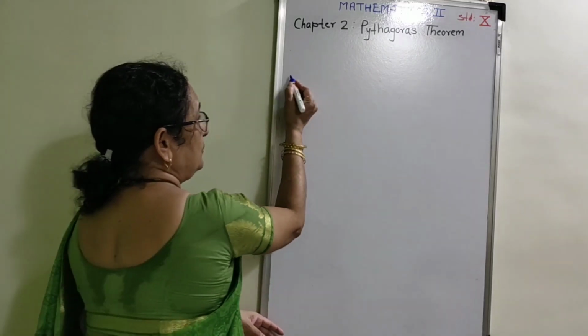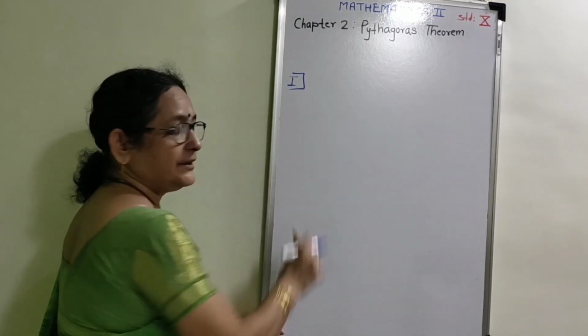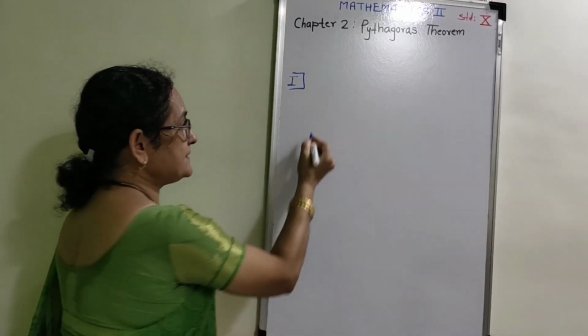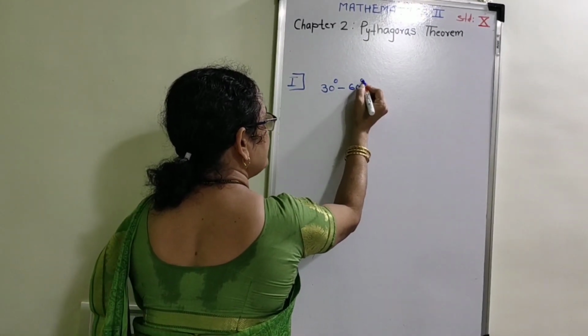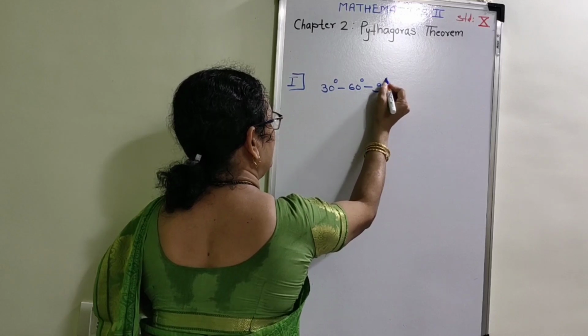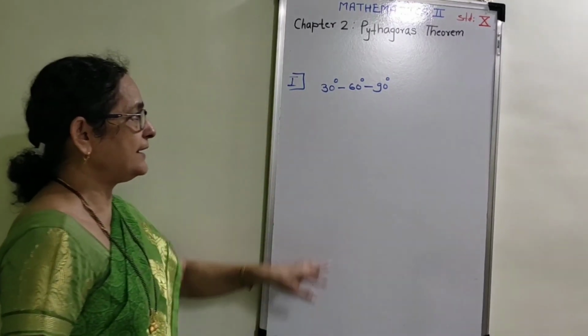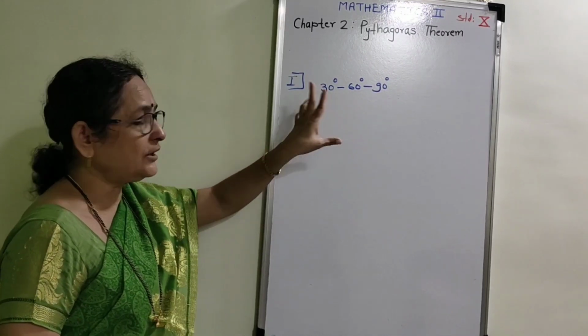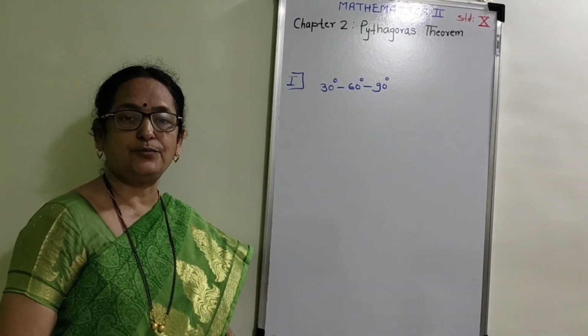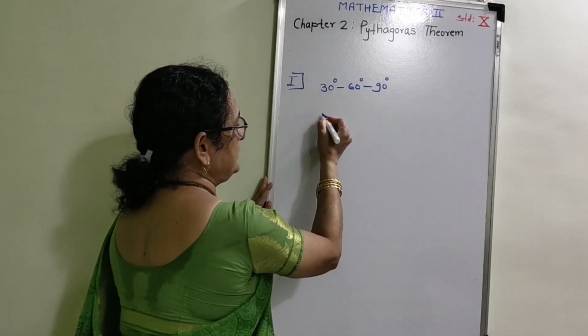Now, first of all, we will revise the statement of the 30 degree, 60 degree and 90 degree theorem. You are well known about this, that when in a right angle triangle, two acute angles are of the measure 30 degree and 60 degree, that particular right angle triangle is said to be of 30, 60 and 90 degree.